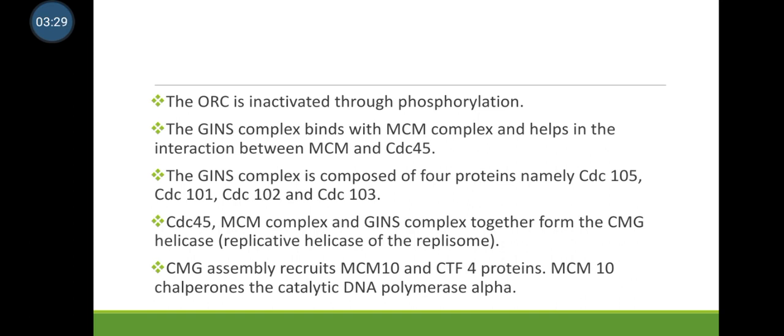The GINS complex is involved, which is a complex structure made up of 4 proteins: CDC105, 103, 102, and 101. This helps in the interaction between CDC45 and MCM. This CDC45, MCM, and GINS complex forms the CMG helicase, that is the replicative helicase of the replisome.